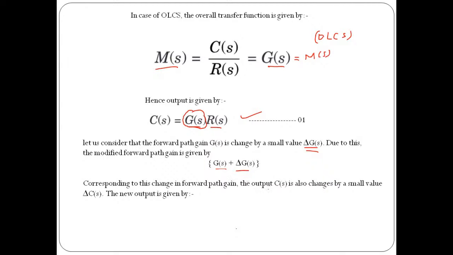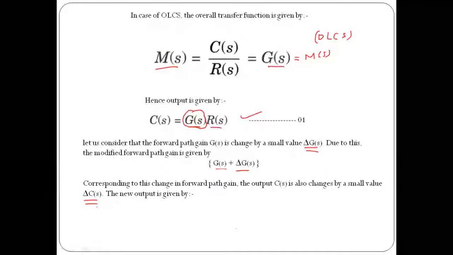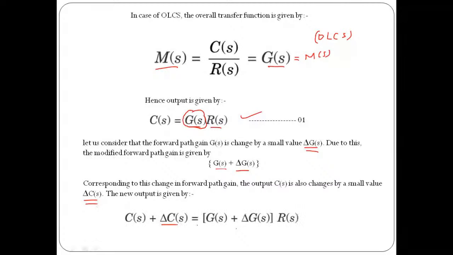The change in output is indicated by the symbol delta C(s), and it is given by C(s) plus delta C(s). This is going to be input multiplied by gain. Here the gain will be the previous gain followed by the corresponding change in the gain, so G(s) plus delta G(s). I hope this point is clear to everyone.